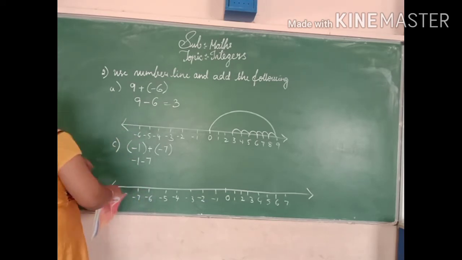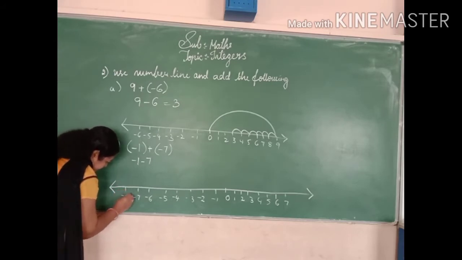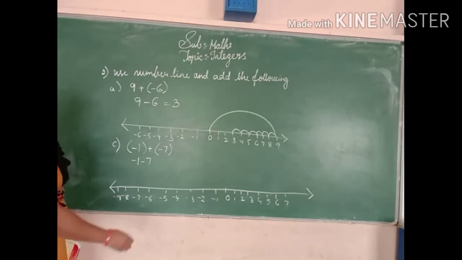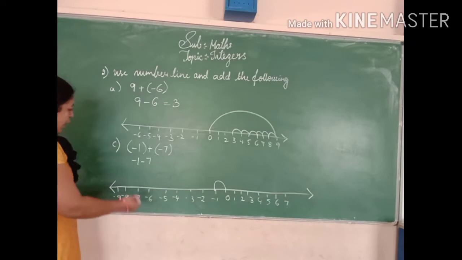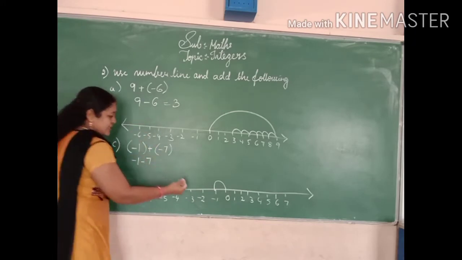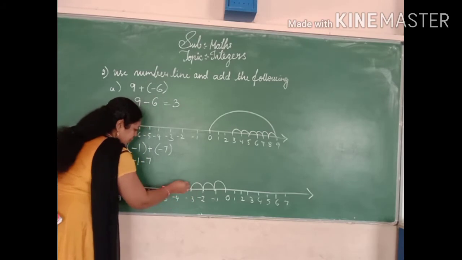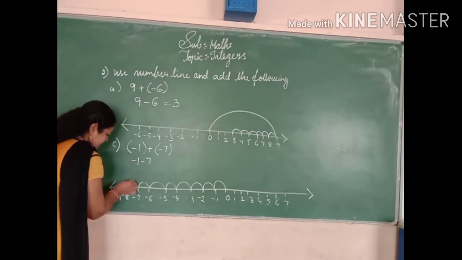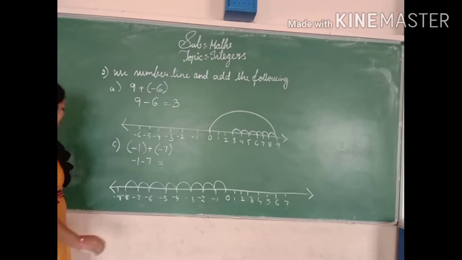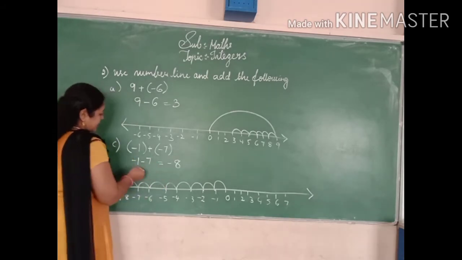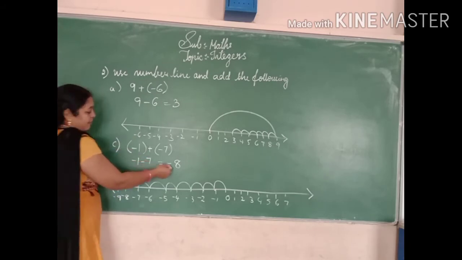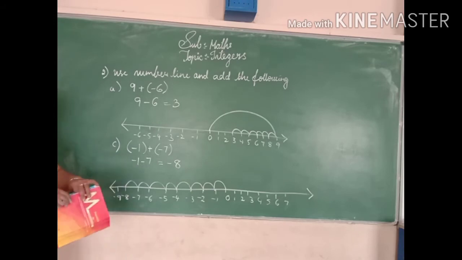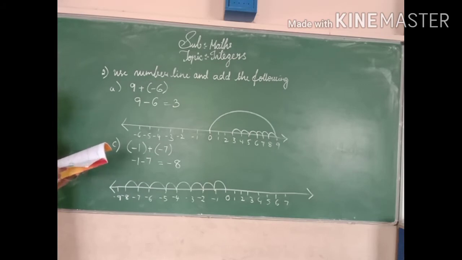Here, first we will have to come from 0 to minus 1. And now, how much minus do we have to give? Minus 7. So, 1, 2, 3, 4, 5, 6, 7. So, what is the answer for us? Minus 8. Minus into minus is plus. We add it, but we give the minus symbol there. Okay, is it clear? I hope you can do B, D and F.